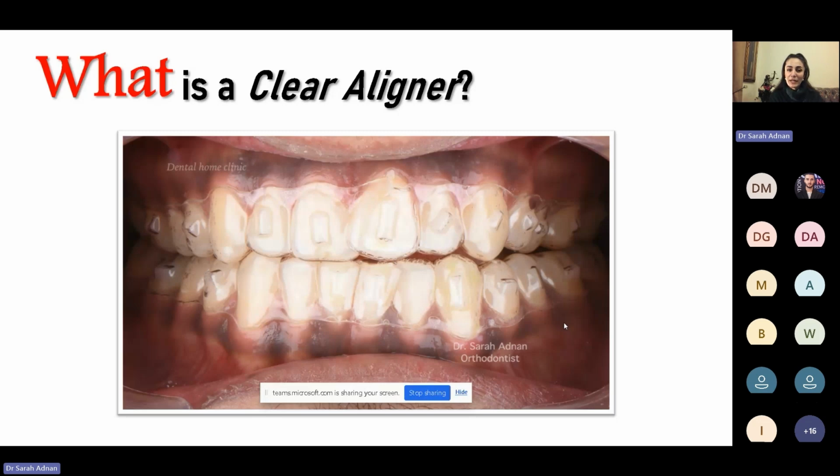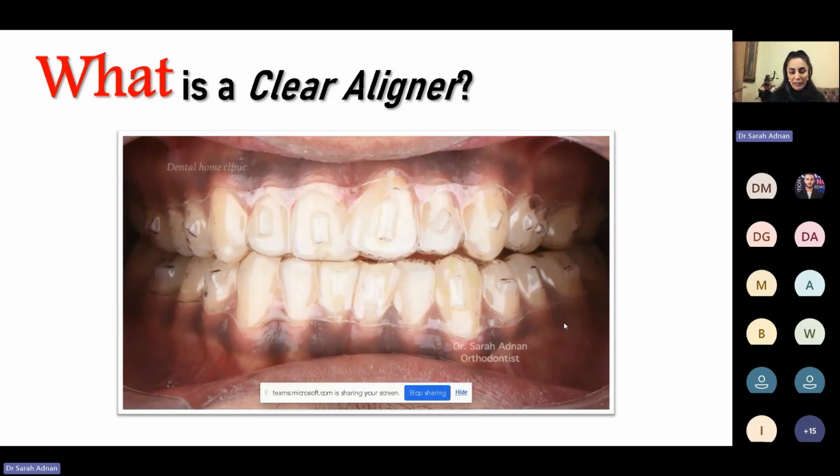Likewise, there has been an increased need for aesthetic appliances that overcome some of the limitations of fixed orthodontic appliances, such as hygiene, appearance, and impact on quality of life. One of which is clear aligners.